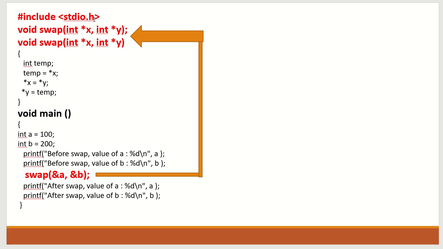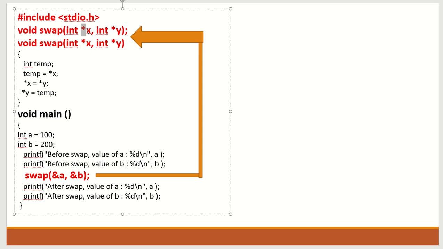So here is the example. See, here is the difference. Asterisk x, asterisk y, asterisk x, asterisk y. And at the time of calling the swap function also it is ampersand a, not only a. It is ampersand a and ampersand what?